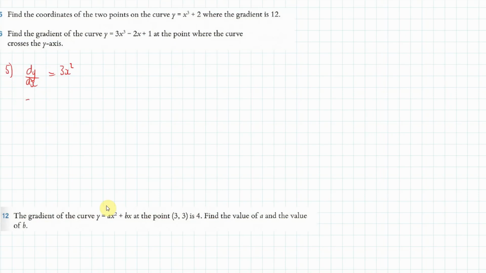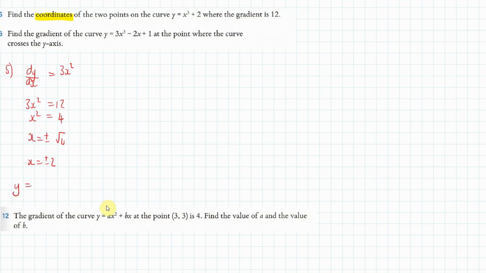So what we now do, 3x squared is equal to 12. That means that x squared is equal to 4, which means that x is equal to plus or minus the square root of 4, so x is equal to plus or minus 2. Now, we are asked for the coordinates, so now we need to find the y values.